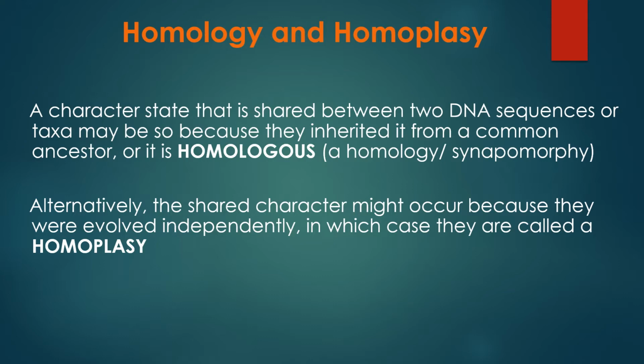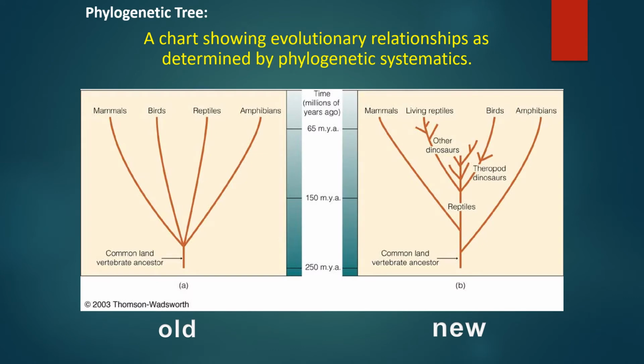So if it is a change in the DNA sequence that is the result of something shared or inherited from the last common ancestor, and they share it between 2 different species or 2 different sets of species, then you refer to it as homologous. If it is an independently evolved characteristic that may be shared with those other species, but there's no genetic link in terms of its inheritance, then you call that a homoplasy.